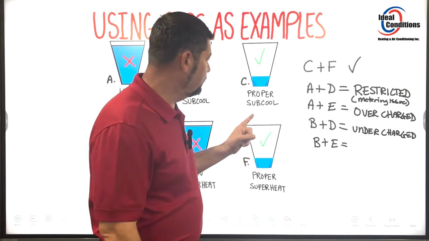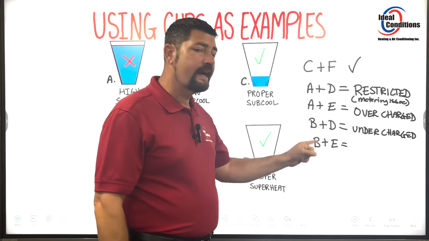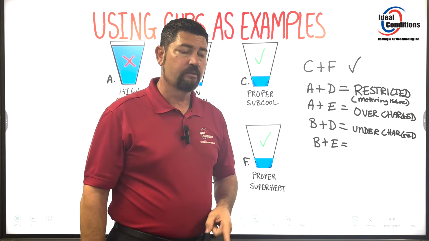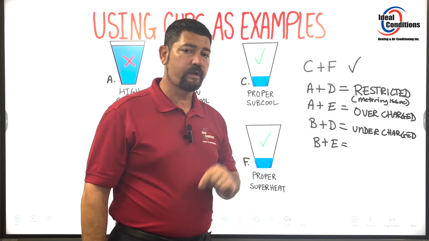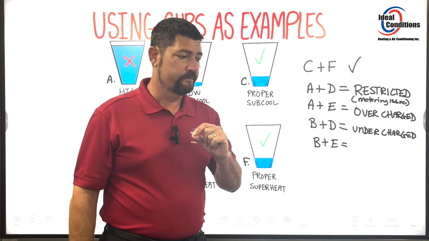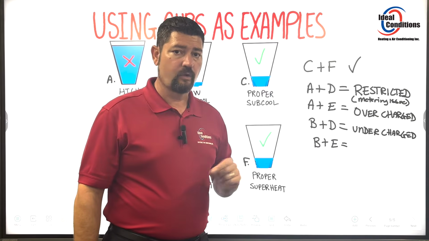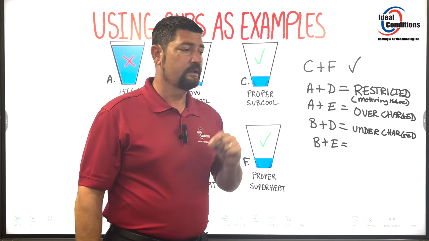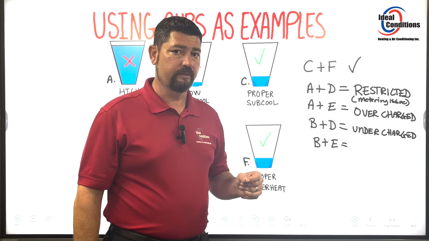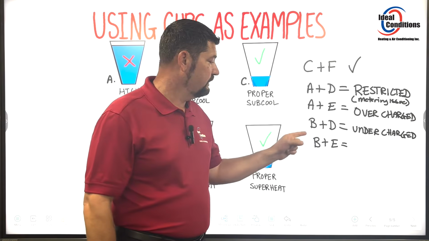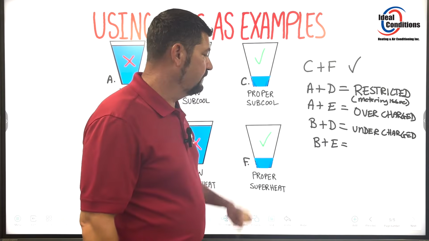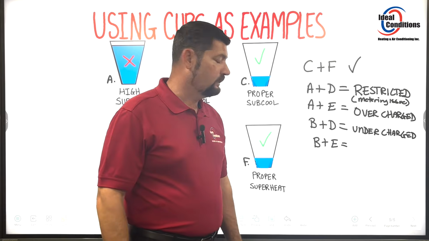The combination of B and E is why this industry has so many issues, because people that are working on the equipment are not either good enough, qualified enough, care enough, or even understand what they're doing. B and E is the reason why you have failed compressors. B and E is the reason why I love what I do.